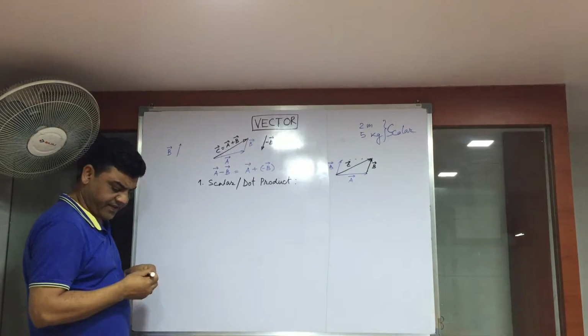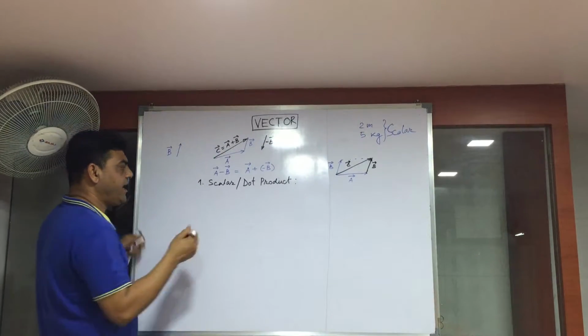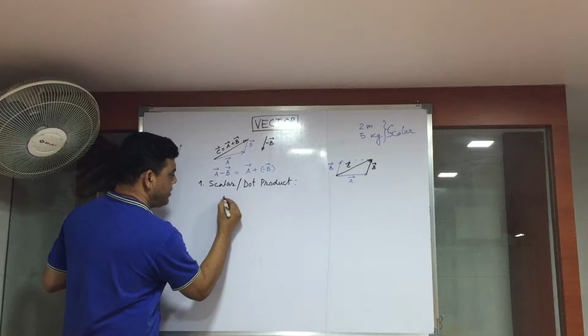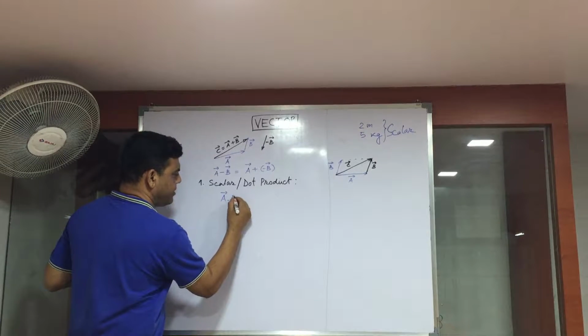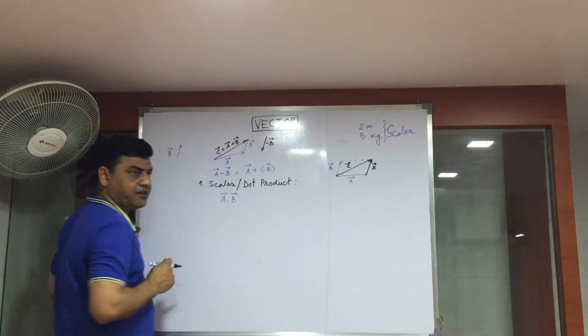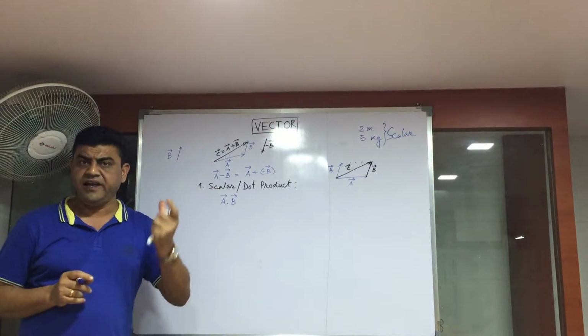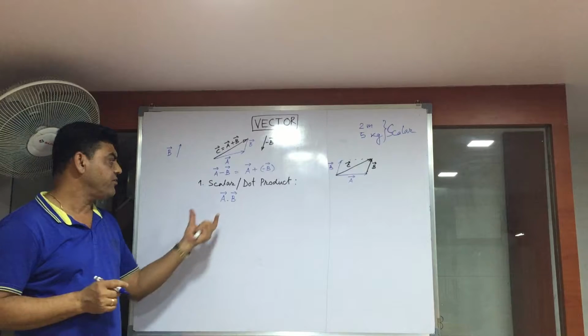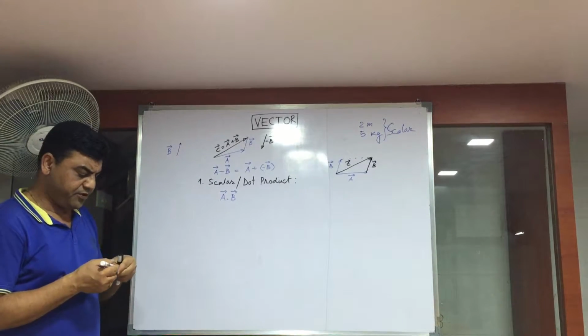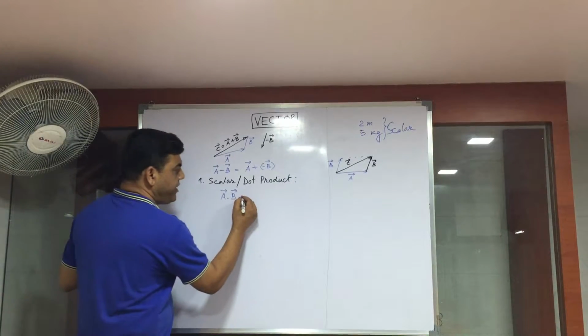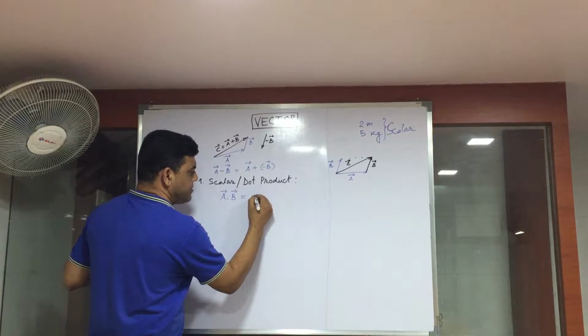If we take again two vectors A and B, which have their specific dimensions like length and a direction, and we want to take their product, we define this dot product as follows.